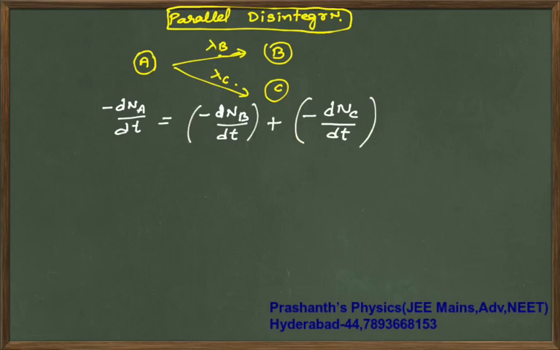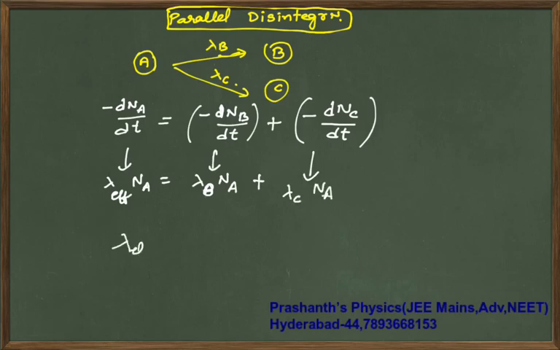Now removing these simple proportionality constants, your net will become lambda effective into Na equal to lambda B times Na plus lambda C times Na.